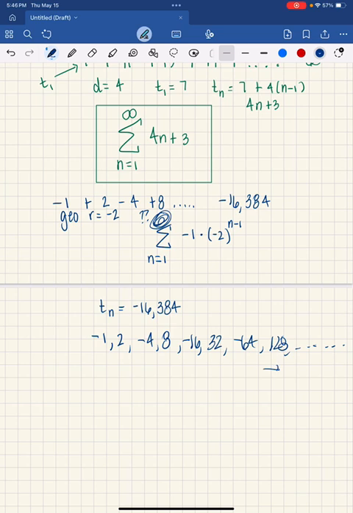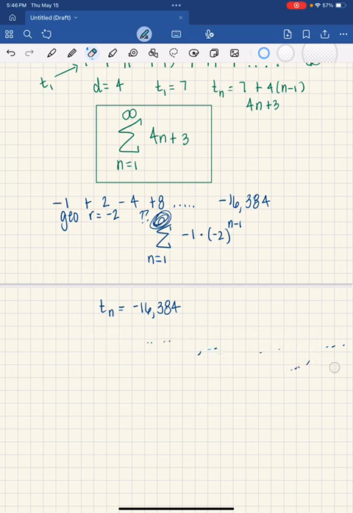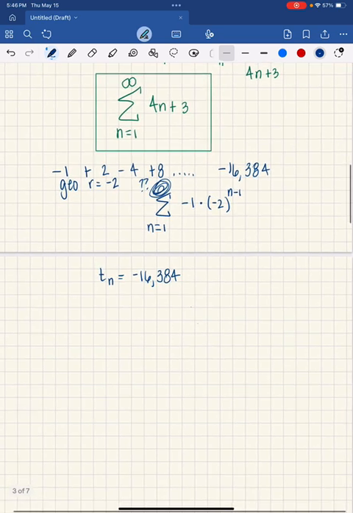Somewhere down the line, I'm going to hit -16,384. Is that the 12th term? Is it the 13th term? Is it the 14th term? I don't know. And that's what we have to figure out. And I'm going to need to use logs because I doubt that off the top of your head, you know 2 to what power is 16,384.